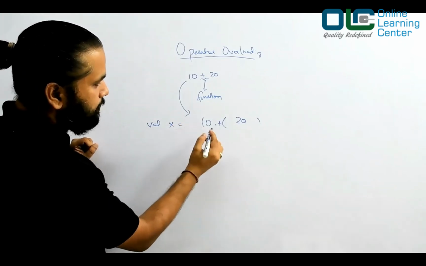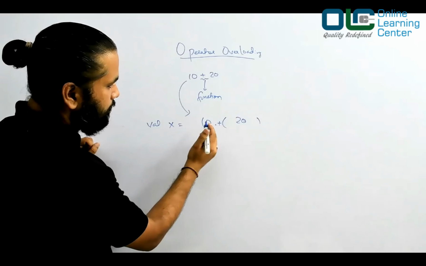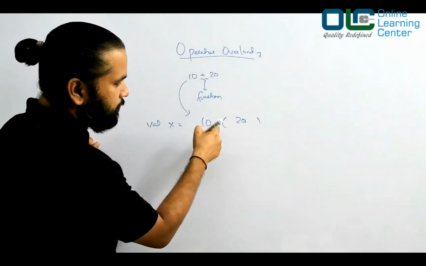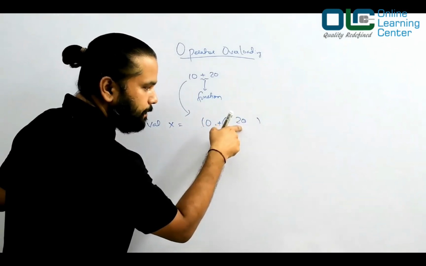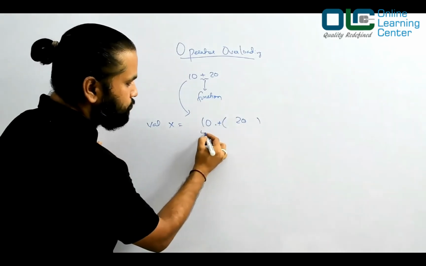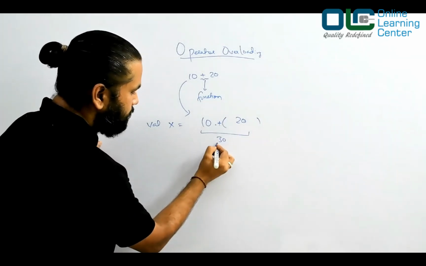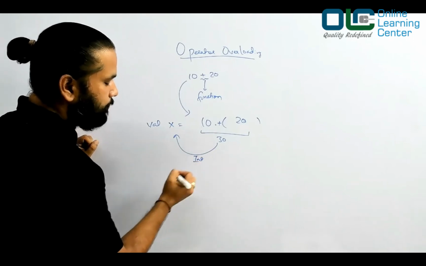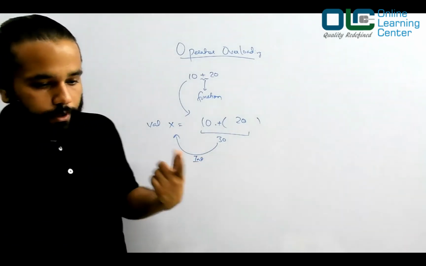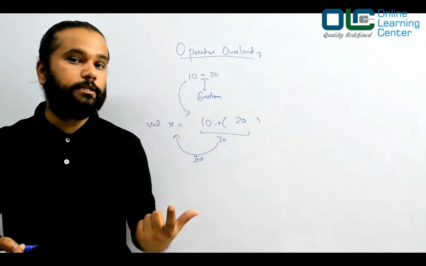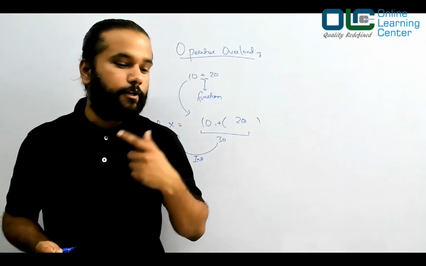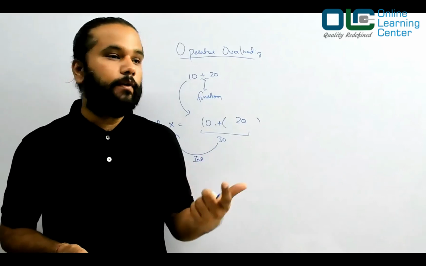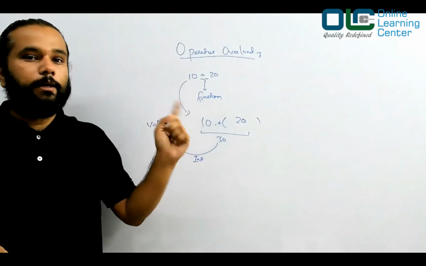So what will happen is, this is 10, and on this 10, the plus method is called, which is accepting another value 20. 10 plus 20 would become 30, and this 30 would be written back to x, and this is of integer type, right? And that's how it works. So in Scala, remember, there is nothing called operators. Everything is basically a function, and whenever you are using an operator, it is basically a function.